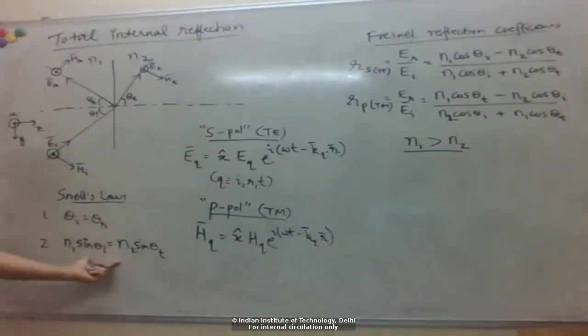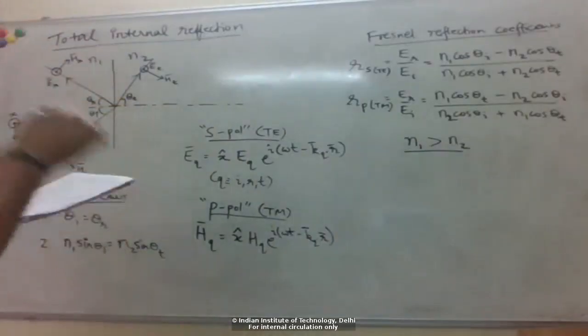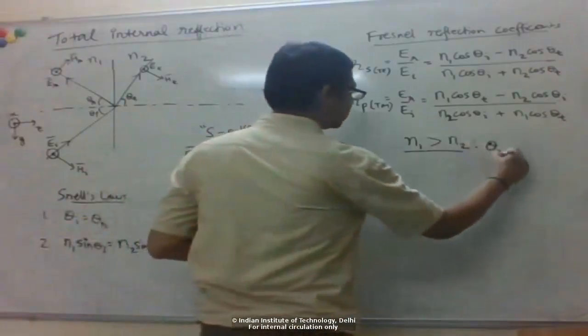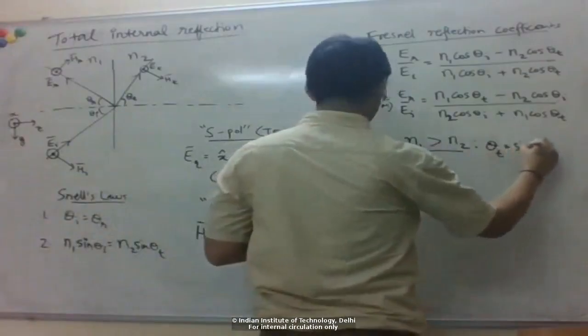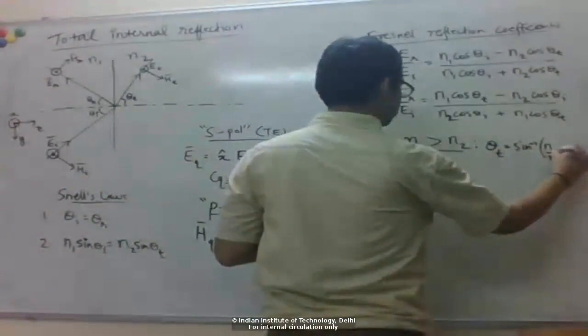From here you can see that theta_t has to be greater than theta_i, so the refracted ray is bending away from the normal compared to the incident. For this, the angle of the transmitted ray can be written like this from Snell's law.